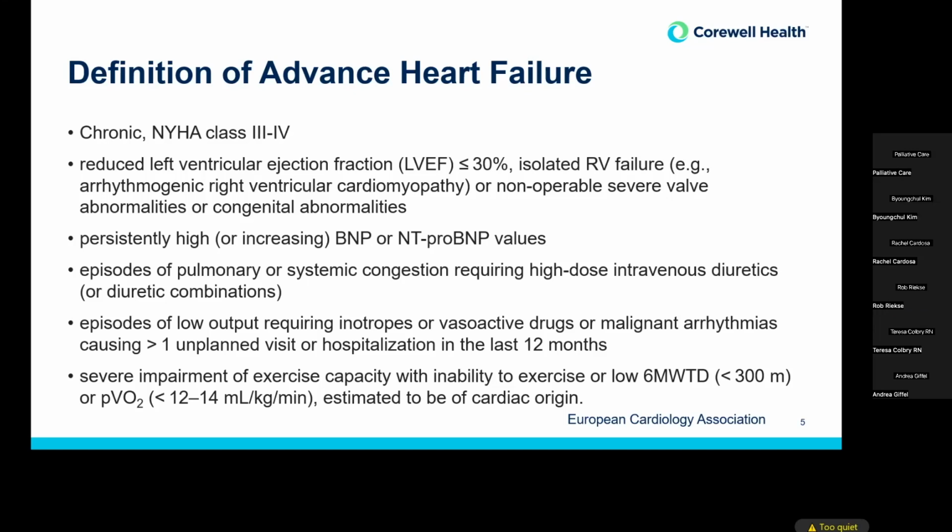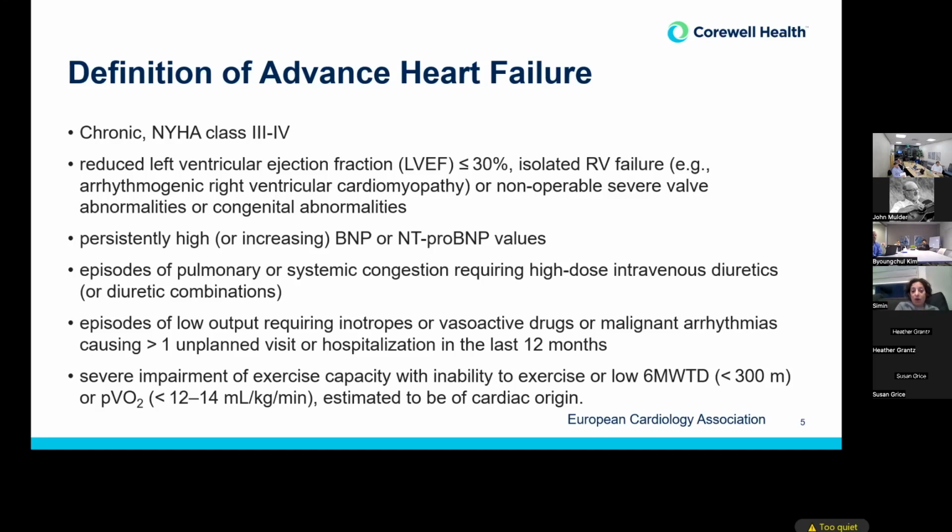or any type of non-operable valvular abnormalities or congenital abnormalities with persistently high or increasing BNP, with evidence of pulmonary or systemic congestion that continues to require escalating or high doses of IV diuretics or combination of diuretics, where there are episodes of low output that require inotropes, like milrinone or dobutamine, or malignant arrhythmias, or that cause one or more unplanned visits or hospitalizations in the last 6 months, with severely impaired exercise capability.